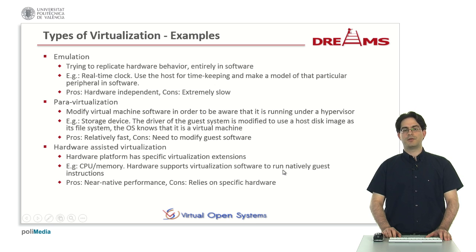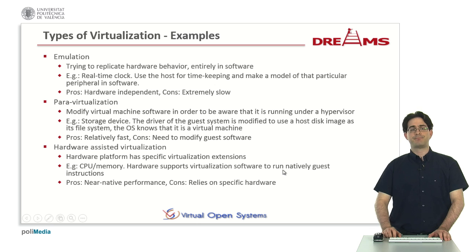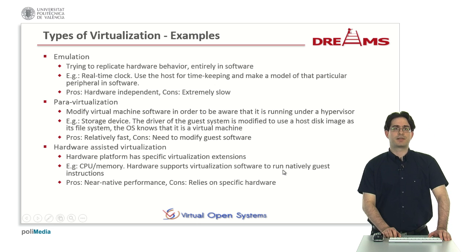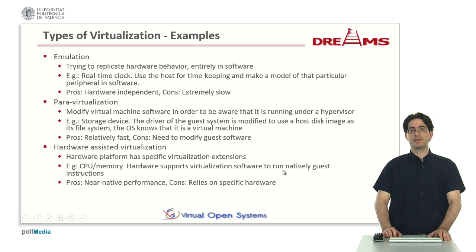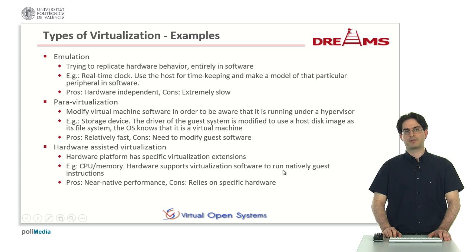So no need to emulate a storage device, but instead we will use a disk file in the host system, and that's it. The advantage is that it's relatively fast, but the major disadvantage is that we need to modify the guest software, and sometimes this is not an option. So paravirtualization cannot cover everything.